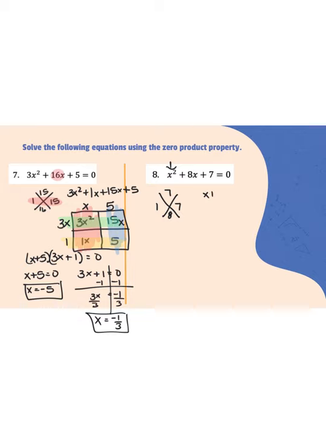So I'm going to say x plus 1 and x plus 7. So we can skip that box method and set them equal to 0. So x plus 1 equals 0, x plus 7 equals 0. Here we're going to have x equals negative 1, and here we're going to have x equals negative 7.